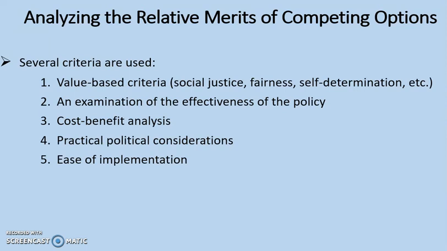In considering that as a political consideration, you may decide to go with a different alternative altogether. And then also consider the ease of implementation for each of your options. By going through these 5 criteria, you should be able to, what I call, sift out what the best overall policy option is compared to the one that currently exists.